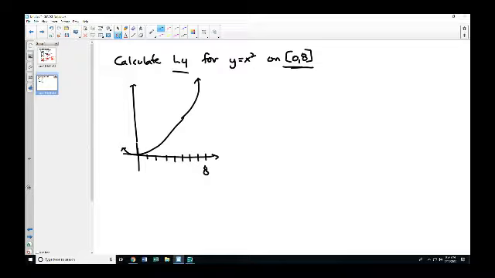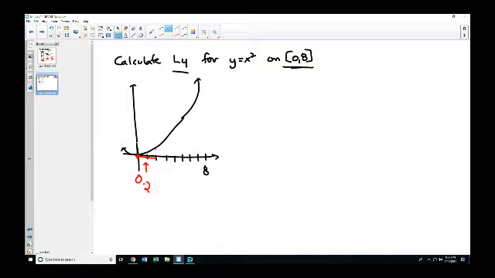Okay, the first rectangle starts here at 0, right? How tall is that rectangle? There's nothing. 0 times 2. So it's 2 units wide, but there's no height because this graph starts at 0, 0, right?